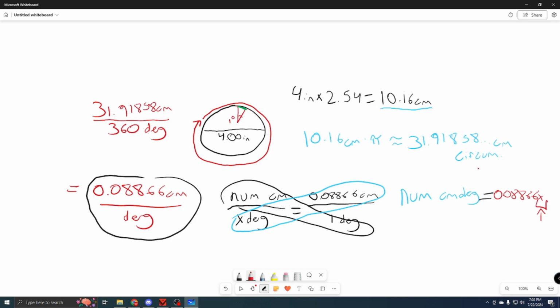So all we do, very simple algebra, we just divide the number of centimeters that we want to go. What was that? Was I using inches earlier? Excuse me, centimeters, because they're the better unit.